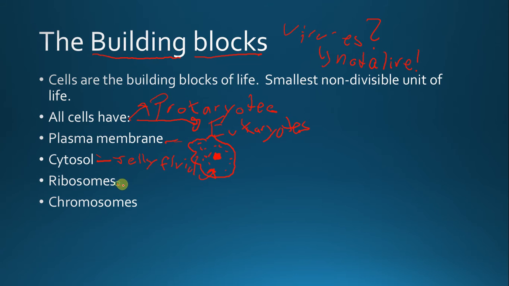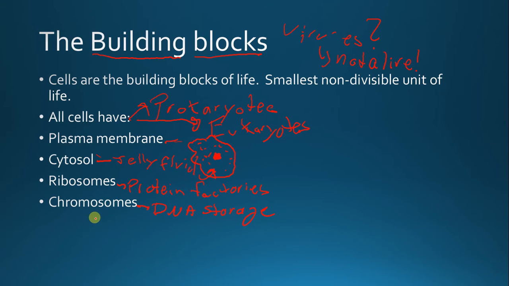All cells also have ribosomes, or protein factories, that make proteins, little small studded looking structures. And all life has chromosomes, or DNA storage units.